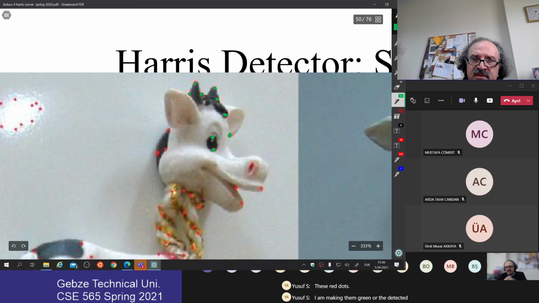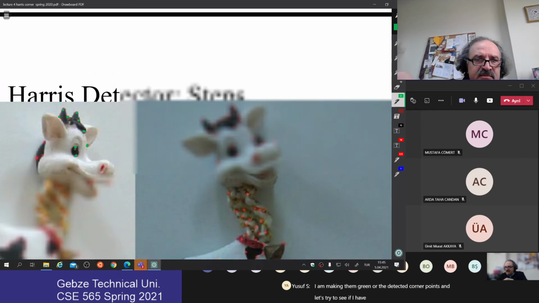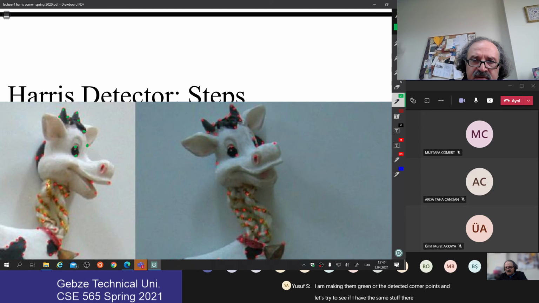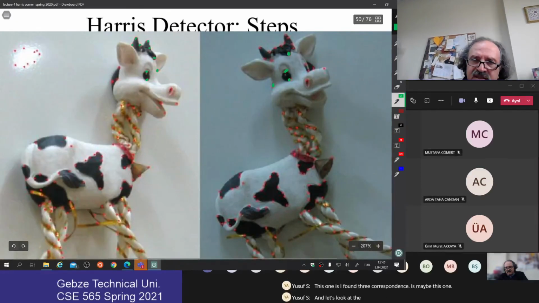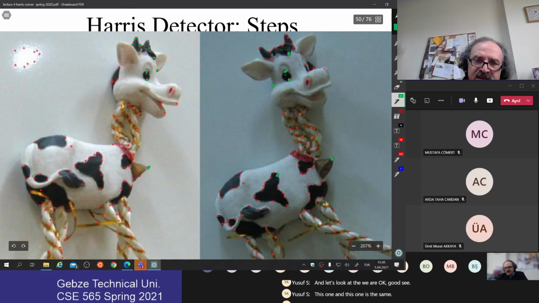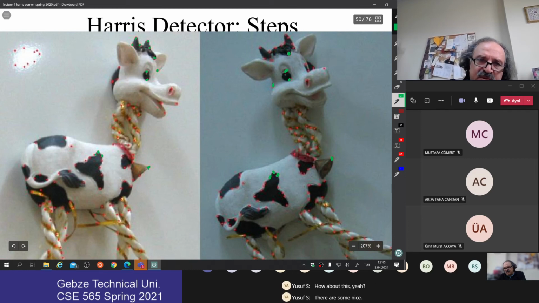And let's try to see if I have the same stuff there. This one, yeah, see, I found 3 correspondences, maybe this one. And okay, good, see, this one and this one are the same. How about these? Yeah, there are some nice points that correspond to each other.